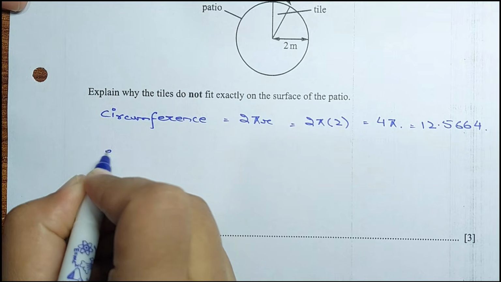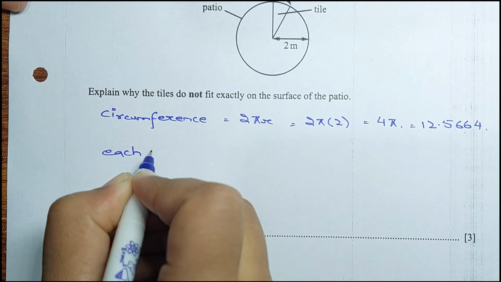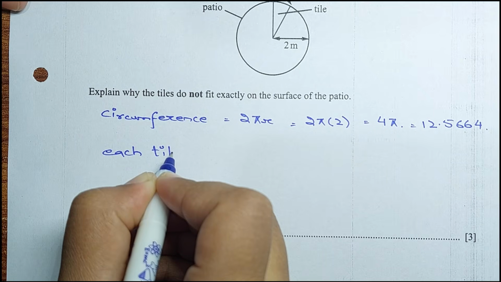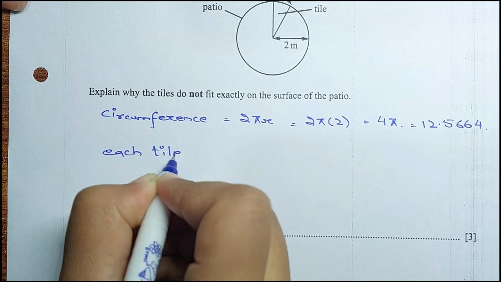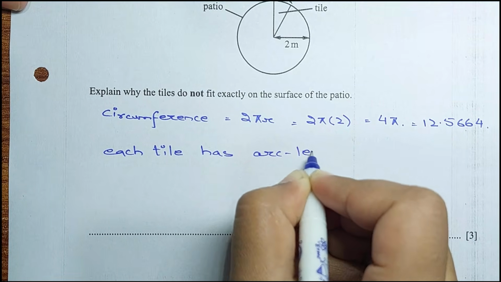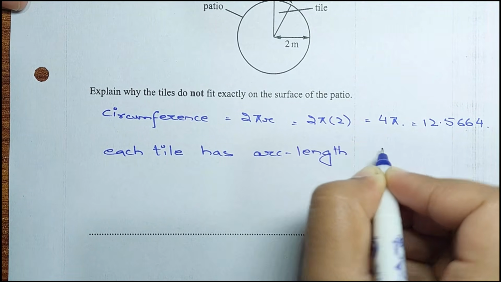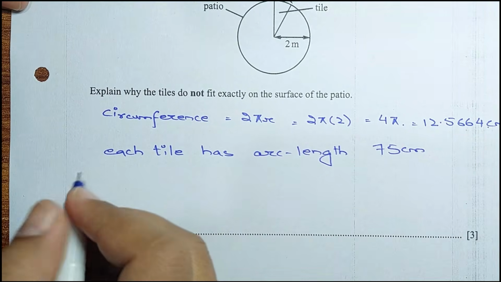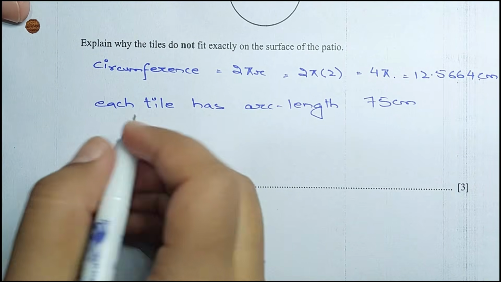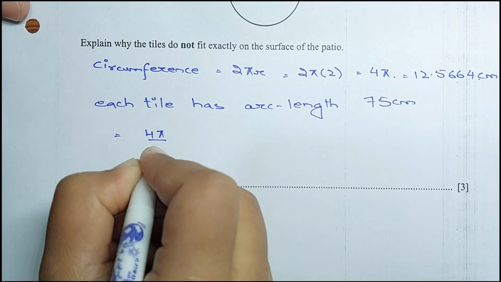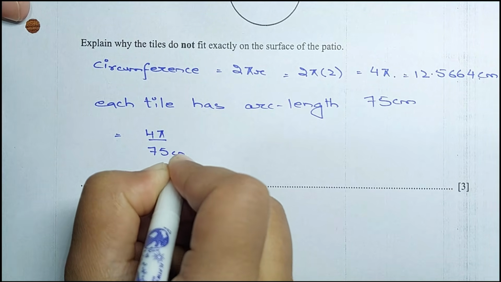And each tile has the arc length 75 centimeter. Yes, okay. So we can say 4 pi divided by 75 centimeters.